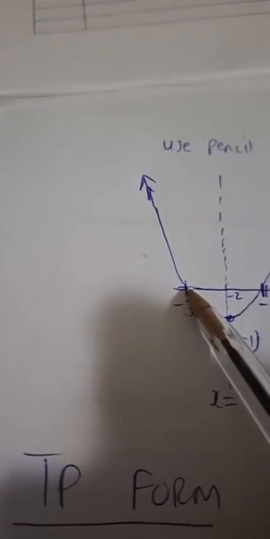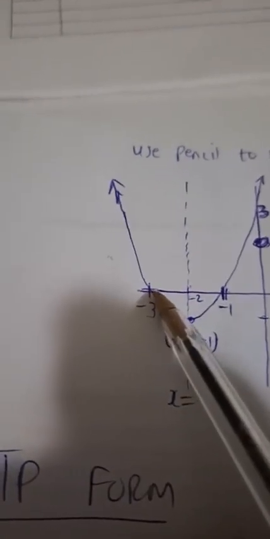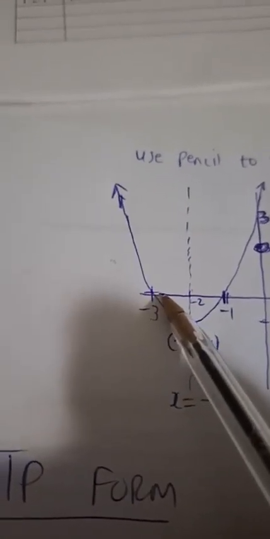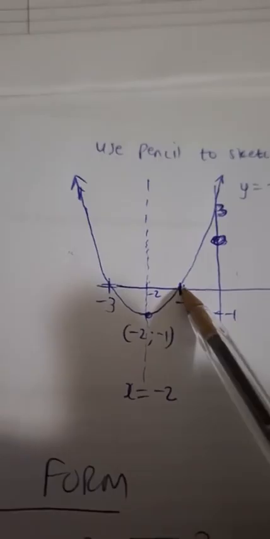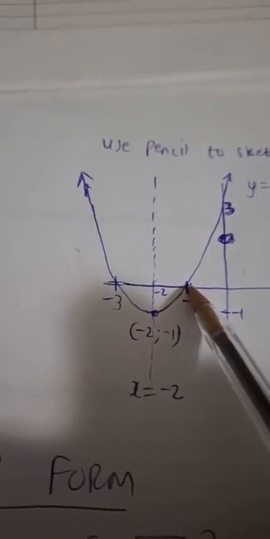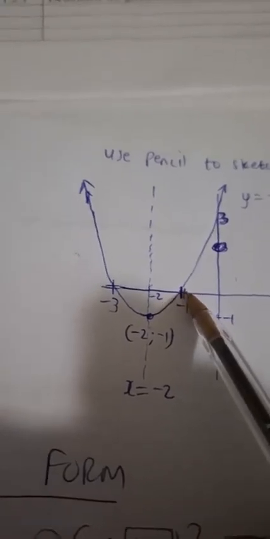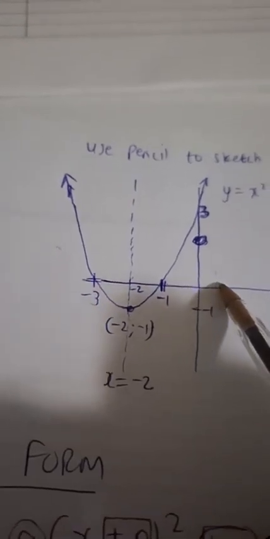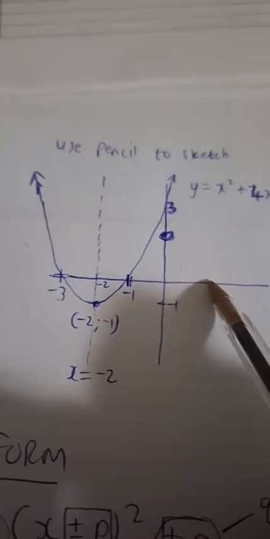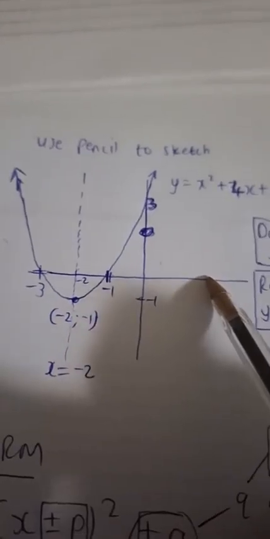Then at -3, it's on the x-axis. The minute I surpass -3, the function is still there, but it's below the x-axis. Then at -1, it's on the x-axis. I continue from -1, and it's above the x-axis again.